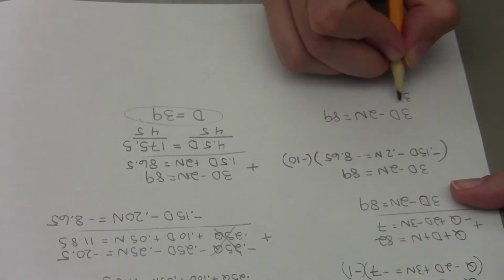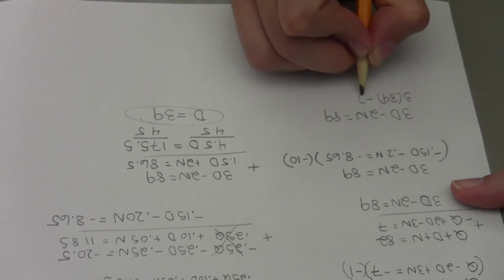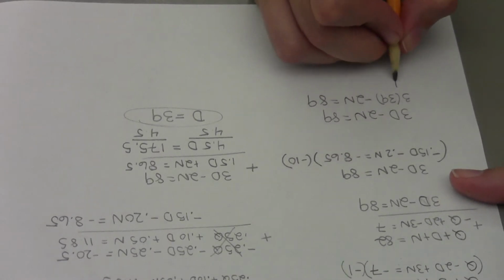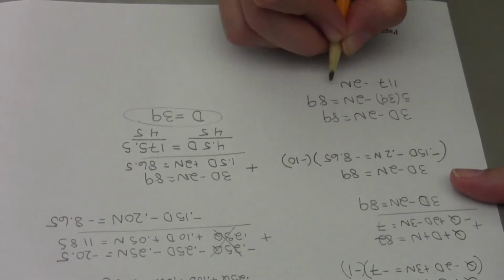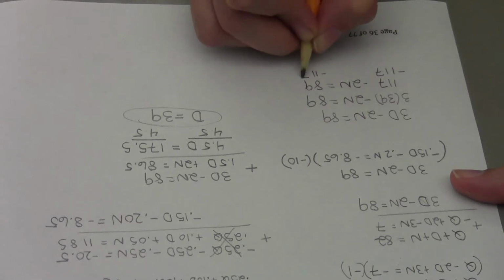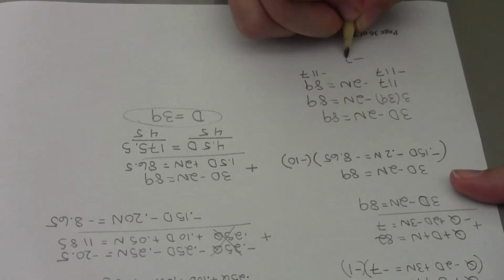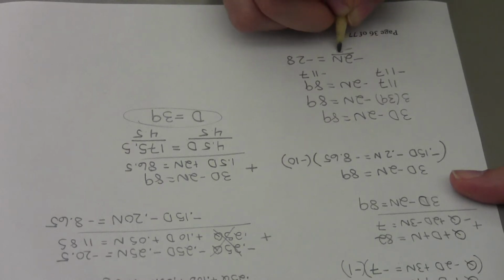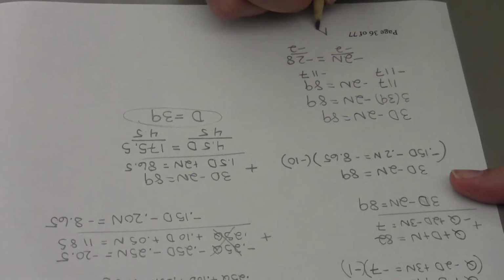And inputting that 39, so 3 times 39 minus 2N equals 89, 117 minus 2N equals 89, subtracting that 117, negative 2N equals negative 28, dividing by negative 2, N equals 14.